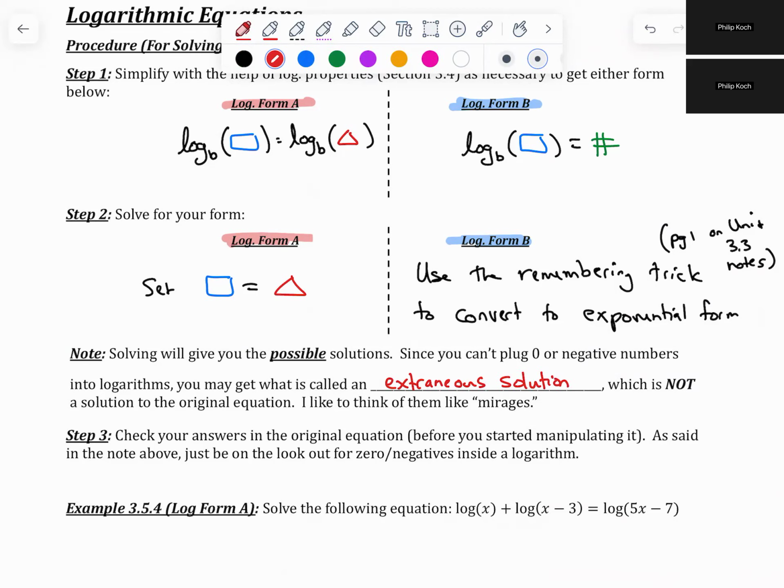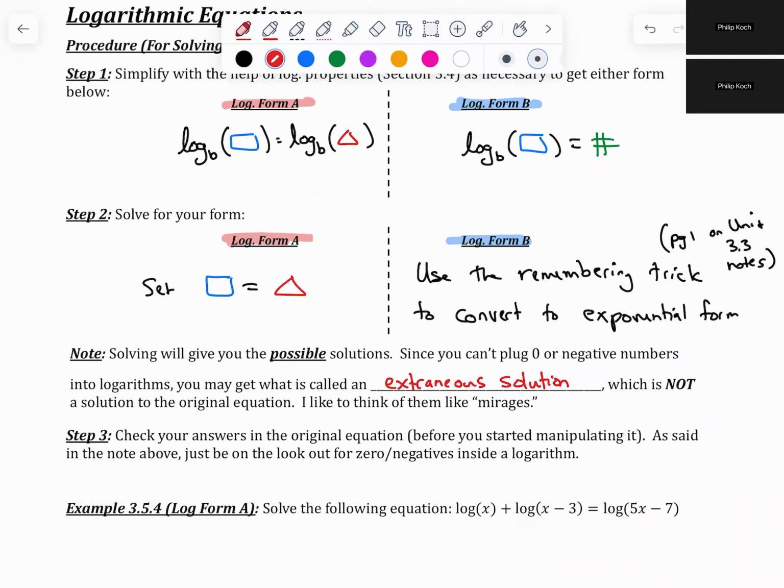It looks like it's a solution, but it's not. It's kind of like a mirage, right? Like we see these in the desert. We live in the desert. There's things you think are there, but they're not actually there. The same idea is that this is a solution that worked only because we applied some weird rules and things got a little bit haywire.